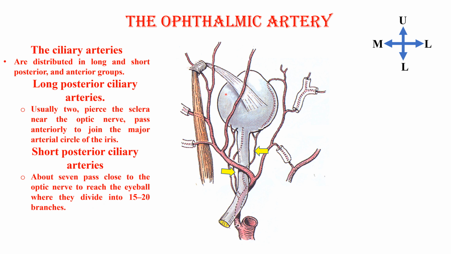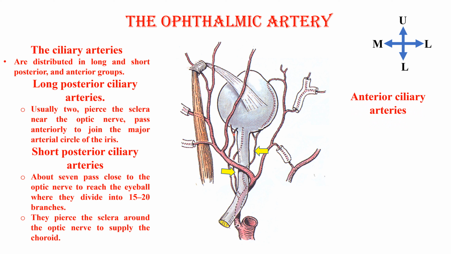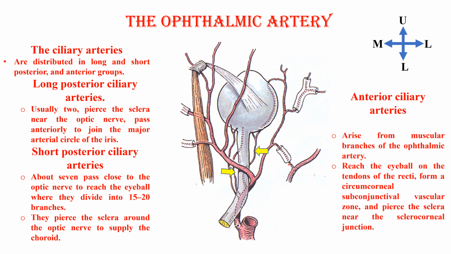And there are the short posterior ciliary arteries, which are about 7. They come closer to the optic nerve here and then divide into 15 to 20 branches and pierce the sclera around the optic nerve to supply the choroid, while the anterior ciliary arteries arise from the muscular branches of the ophthalmic artery, which are mainly to the recti, reach the eyeball on the tendons of the recti muscles to form a circumcorneal subconjunctival vascular zone and pierce the sclera near the sclerocorneal junction.